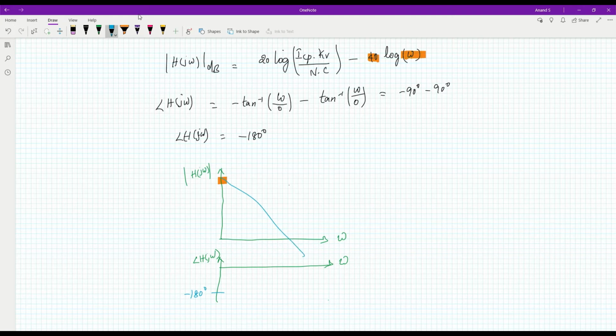So let me redraw this as it is not a straight line. Okay, so this will be having a slope of minus 40 dB per decade. And as the angle is independent of frequency, it will remain constant at 180 degree. Then the frequency at which the gain reaches 0 is called the crossover frequency omega c.